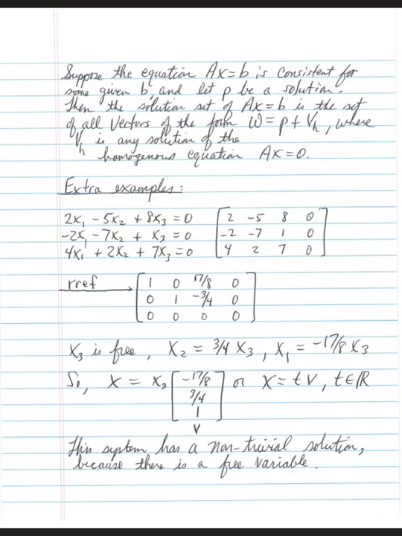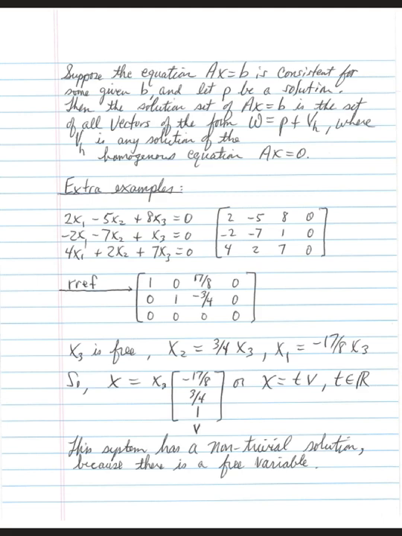When you row reduce, we have a free variable, x3. There's no pivot in the third column, third row. x2 is equal to positive 3/4 x3. x1 is equal to negative 17/8 x3.